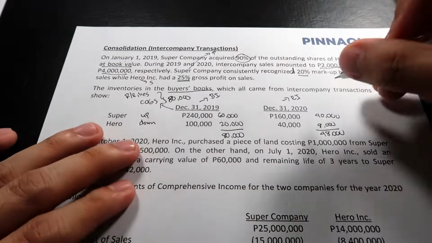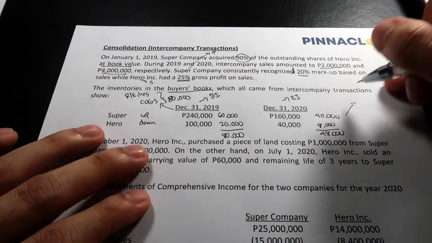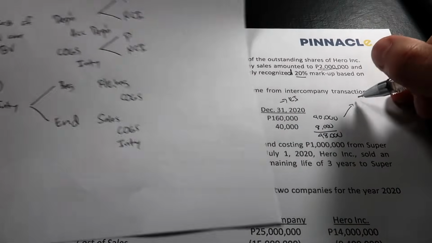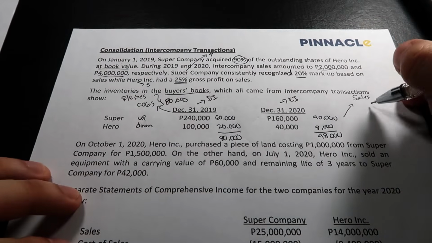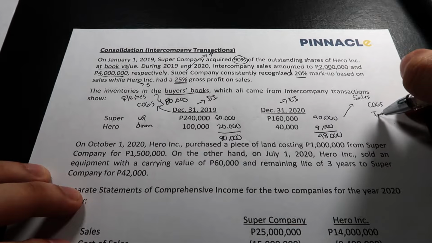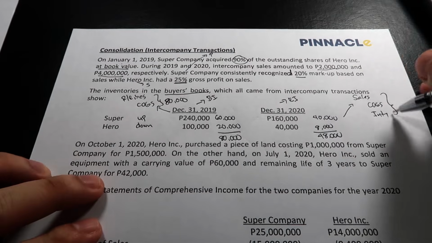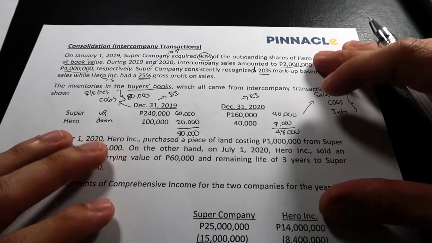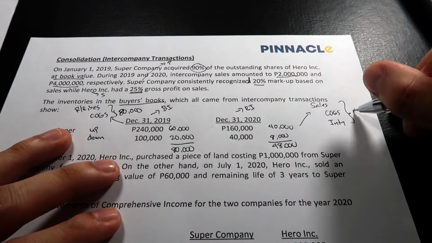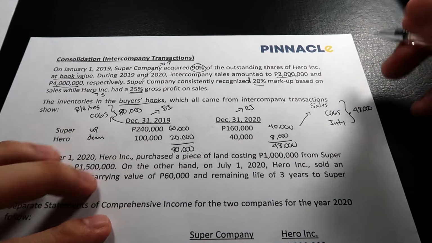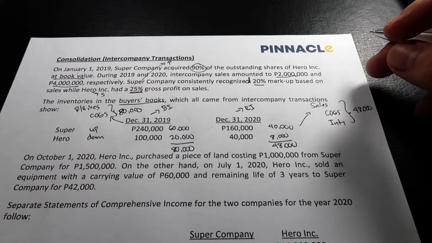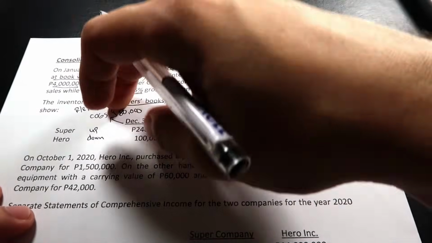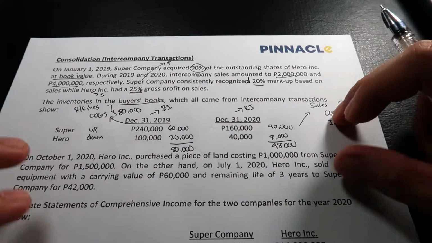For the ending inventory entry, debit sales, credit cost of goods sold, credit inventory. I don't specifically put the amounts for sales, cost of goods sold and inventory, but the net amount is 48,000, which is equal to the markup or the gross profit. Am I right? This is our working paper entry for the beginning and for the ending.